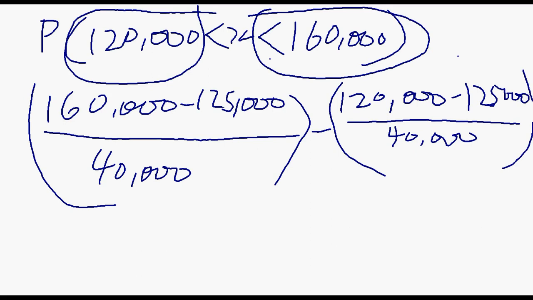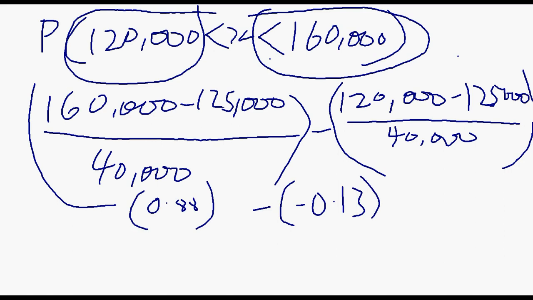Right. So we will be getting 0.88 here, and we will also be getting negative 0.88. It will be negative 0.12 something, but when you run it, you will get negative 0.13.